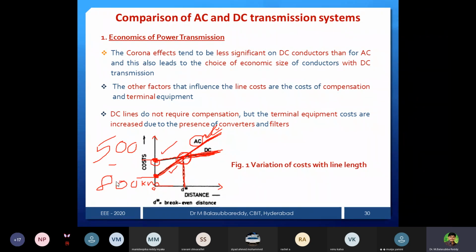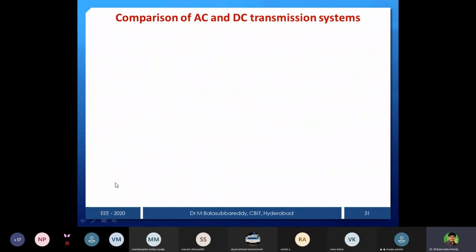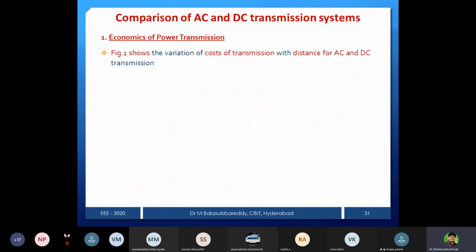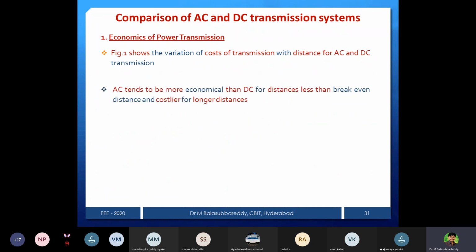After the break even distance, DC is preferred, and below that AC is preferable. That's what I mentioned here: cost of transmission with distance of AC and DC transmission. AC tends to be more economical than DC for distance less than the break even distance. That is what the intersecting point shows from the plot.